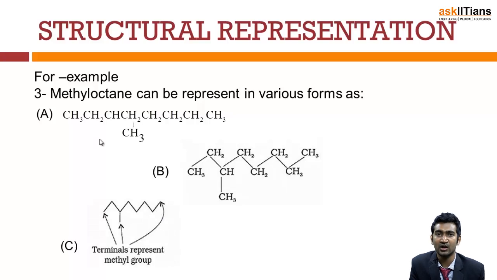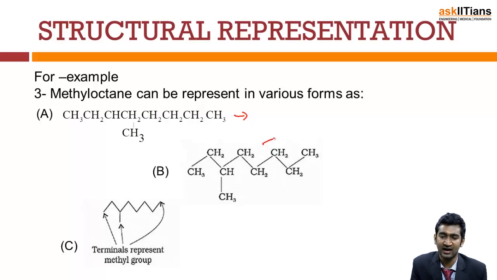So all these are the same compound, 3-methyl octane. Here also if you do the numbering, you will get the same thing. What makes the difference? Here I say that this is just like a normal formula or a bit extended model of the condensed formula.